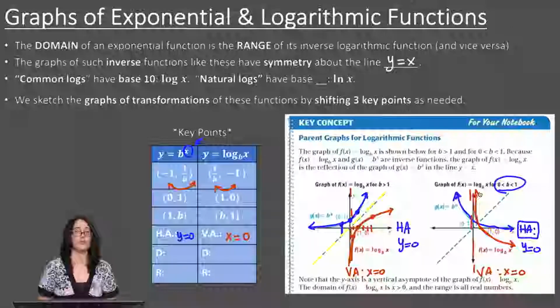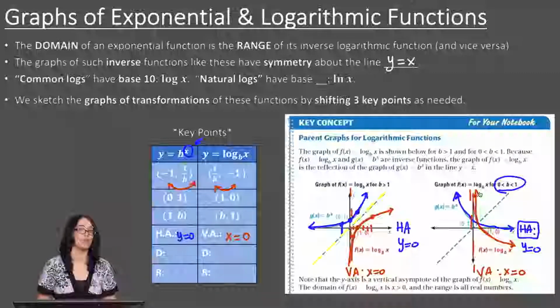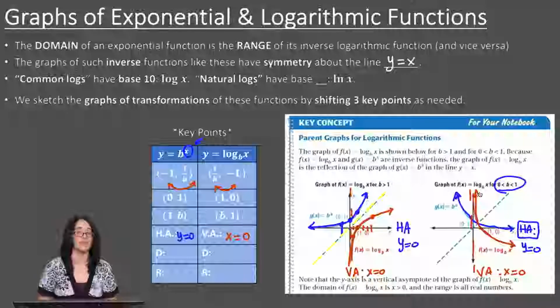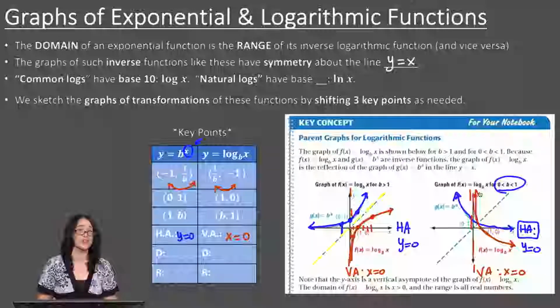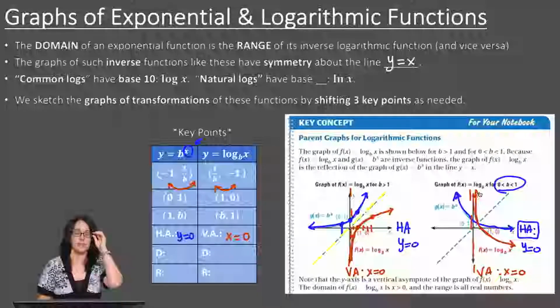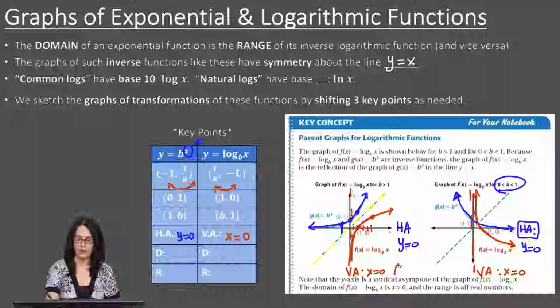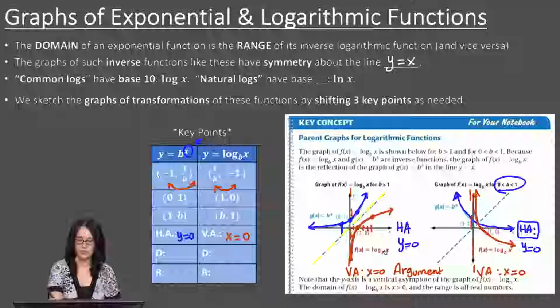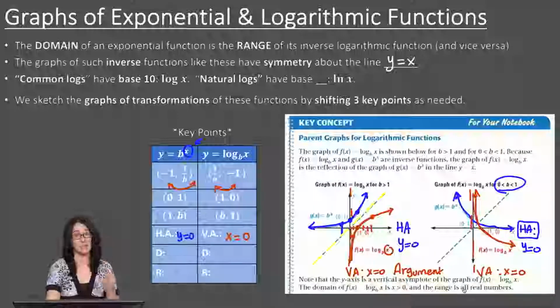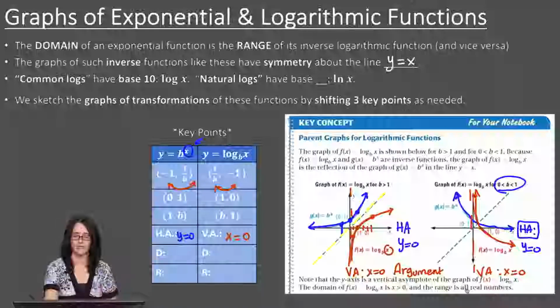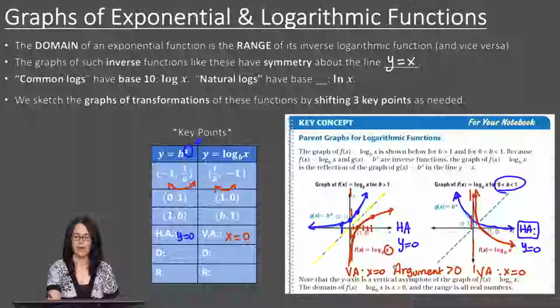In fact, if you look at that red graph, whether it's falling or growing from left to right, you should notice something. That's right. All of your x values are to the right of the vertical asymptote. In other words, they're always bigger than 0. Your inputs must be greater than 0. So from this, I want to make a note here. The argument of a logarithm, which is right here, it's like x in this case, but sometimes it'll be x plus 5 or something different, must always be greater than 0.